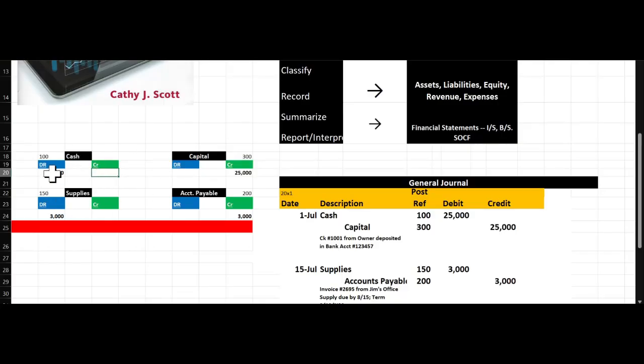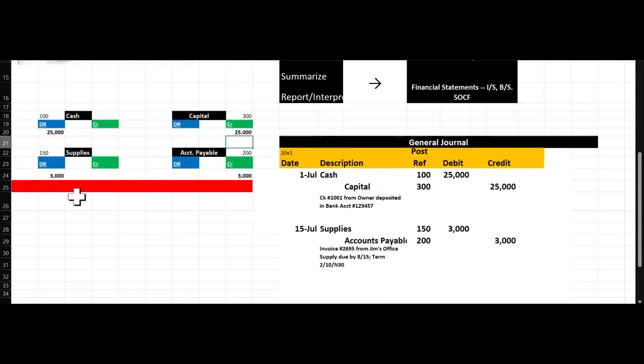So we increased the cash and we increased the capital. Down here, similarly, we increased the asset and we increase the liability. So that's what we did in chapter 2.